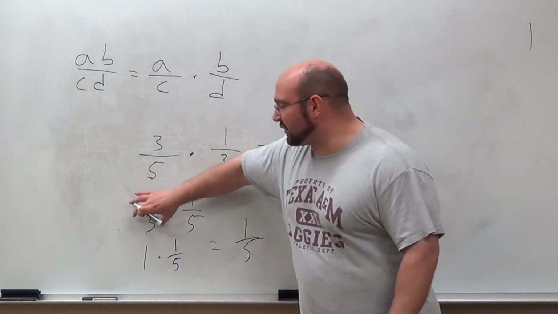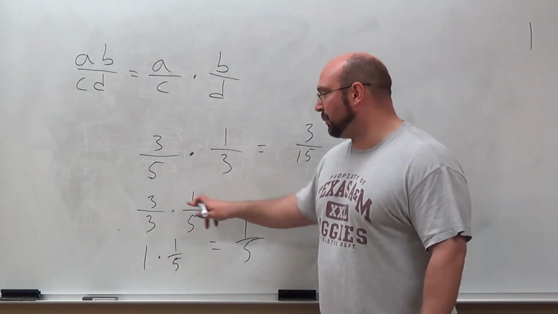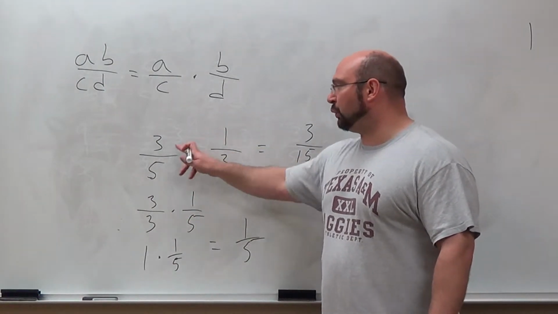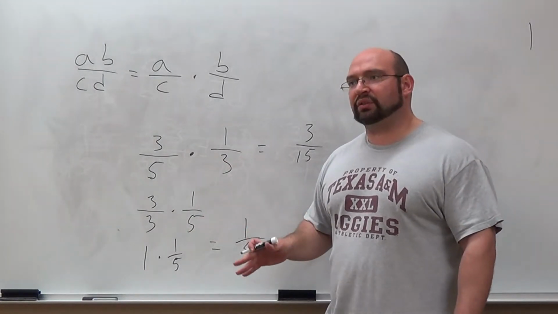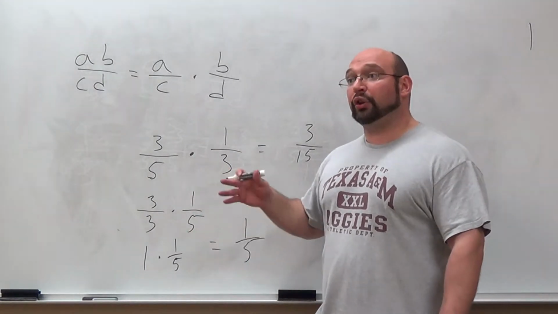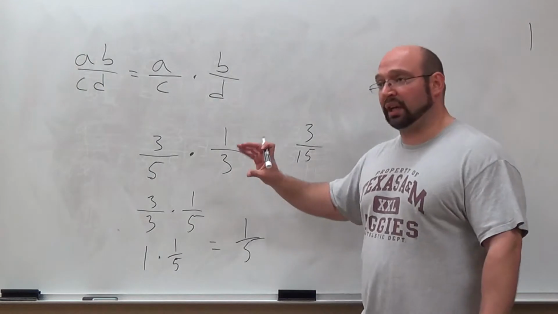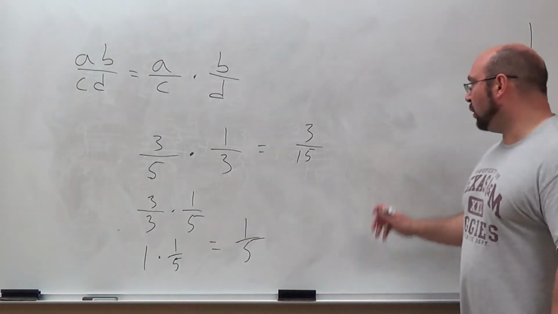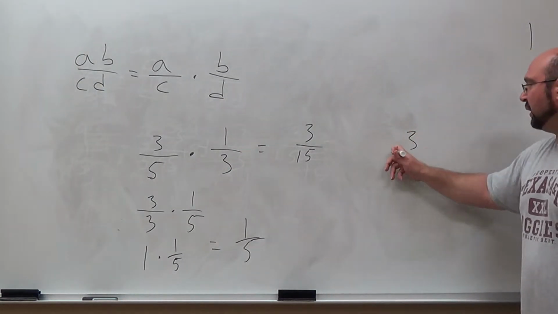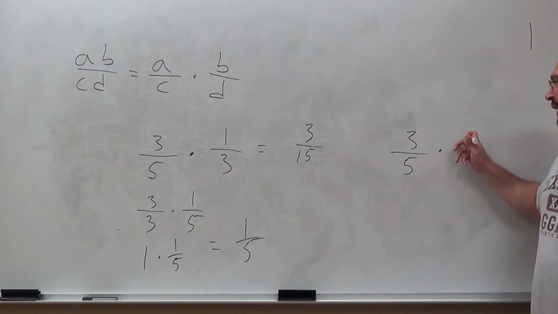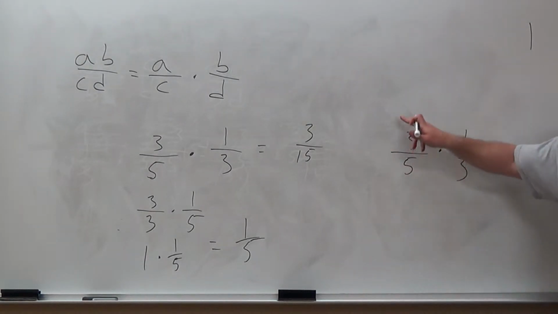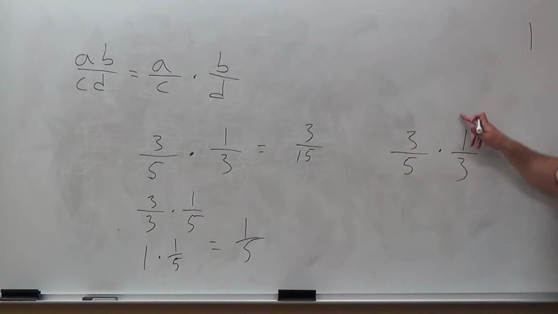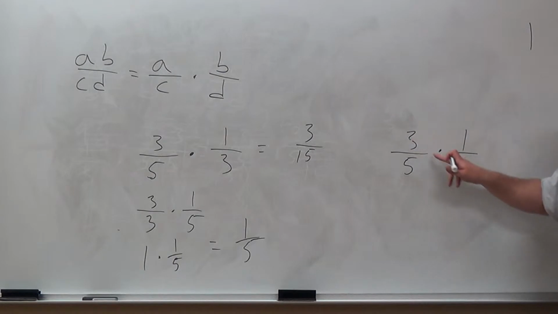Now you can physically change this up on my numerators or my denominators, whichever one you want to switch. You can physically change them up just like I did, or you can understand conceptually that they switch up. So when I have multiplication, I can look up and down vertically to reduce, but I can also look diagonally.